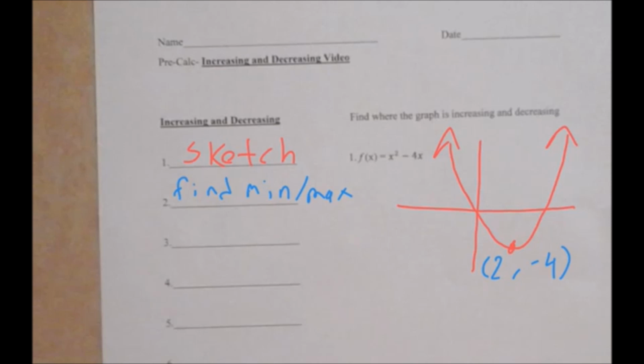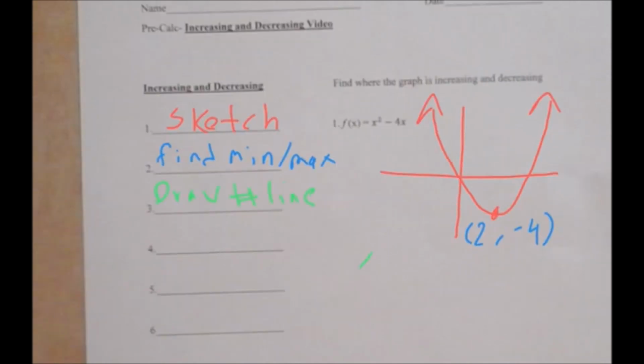So our next step is to draw a number line underneath the graph with our minimum x value on the number line. Okay, so when we draw our number line, something like that, this is -infinity because of the arrows, this is +infinity, and we'll put 2 right here.